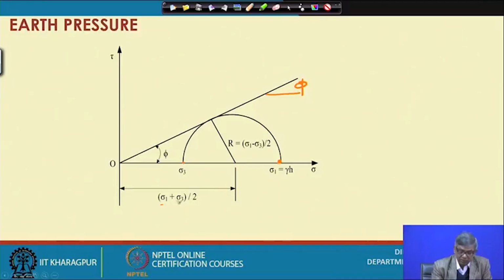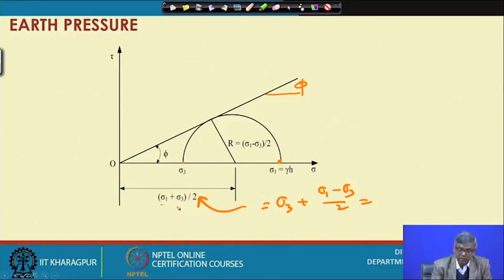So this must be sigma 3 plus sigma 1 minus sigma 3 by 2, which gives you this value. So that means this one is sigma 1 plus sigma 3 by 2.